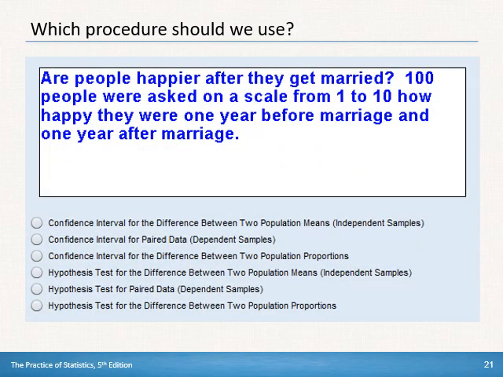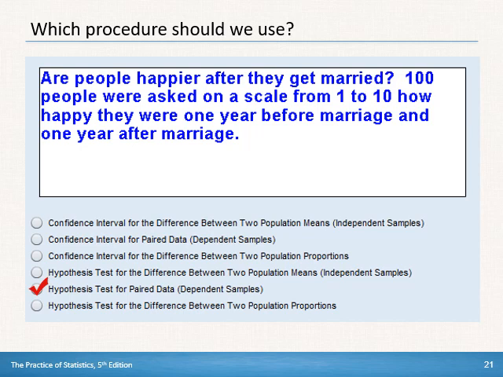Are people happier after getting married? 100 people are asked on a scale from 1 to 10 how happy they are 1 year before marriage and then 1 year after marriage. All right, so this is definitely a matched pair. Again, you're asking the people before they're married and then a year after they're married.